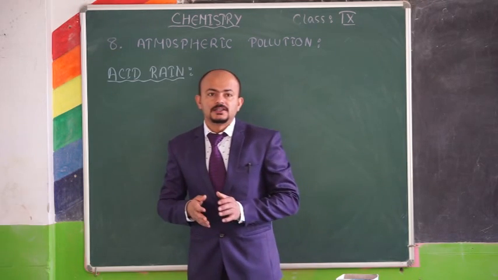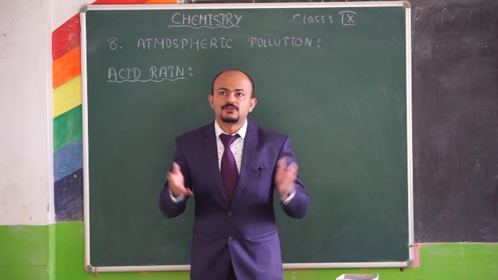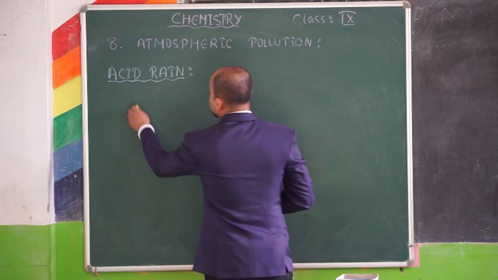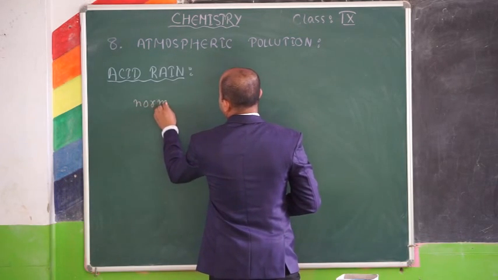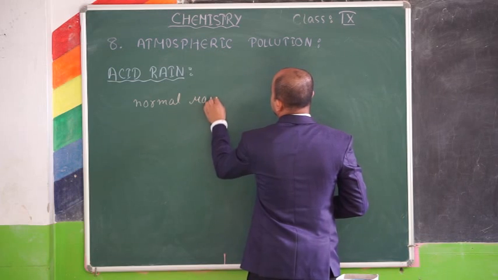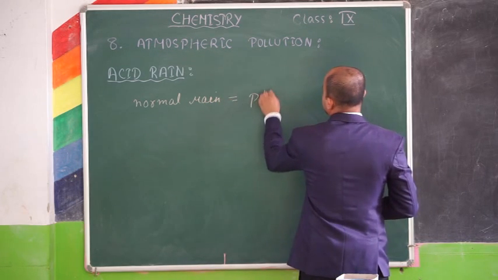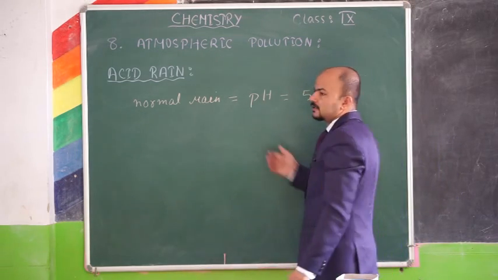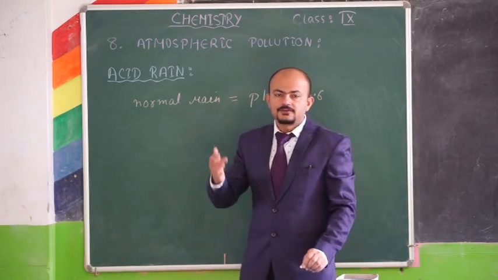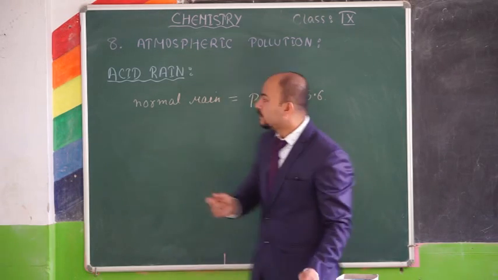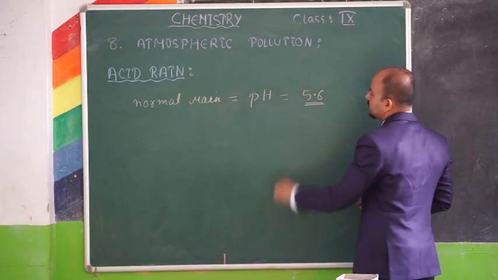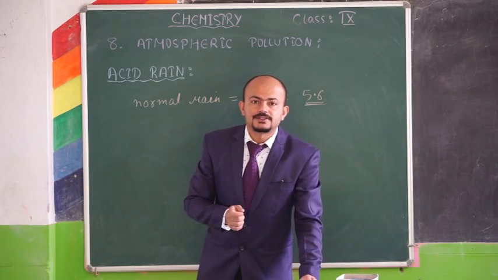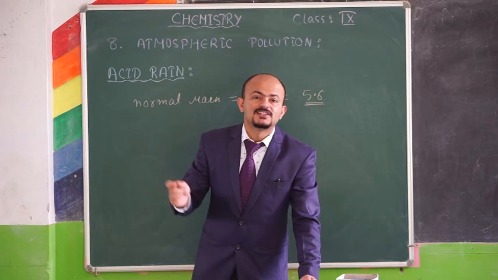So usually the normal rain that we have is slightly acidic. Its pH value is normal rain has its pH value equal to 5.6. Now whenever you have pH value lower than 5.6, and mostly in acid rain the pH ranges from 5.6 to 3.5.